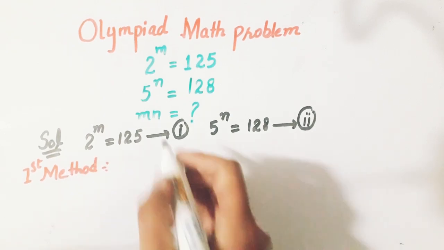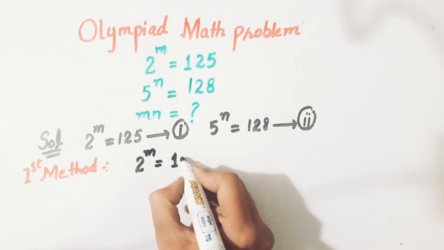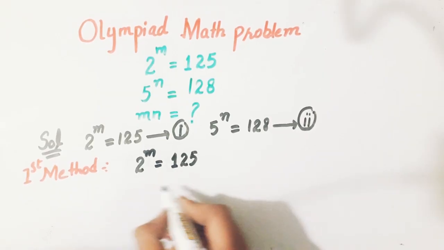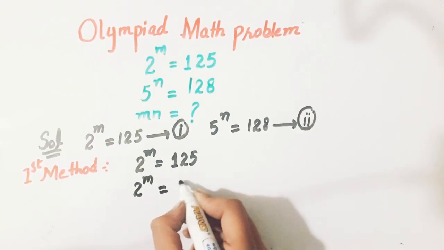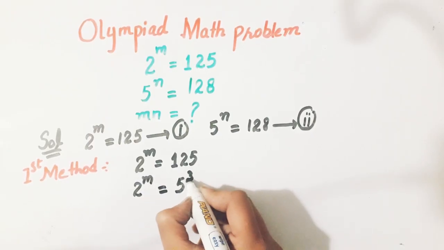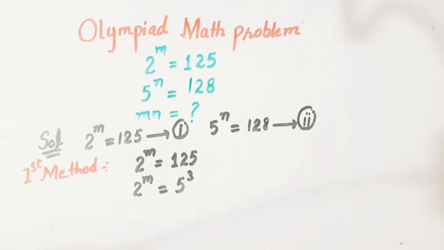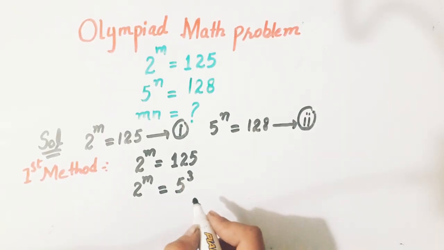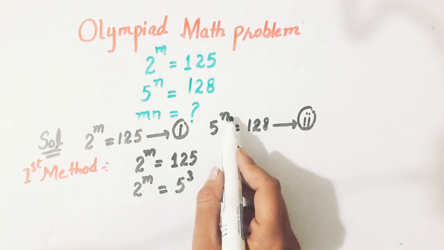First of all write 2 raised to power m equals 125. Then 125 can be written as 5 cube, because when we multiply 5 three times it equals 125. Now we have to find the value of 5 raised to power n.